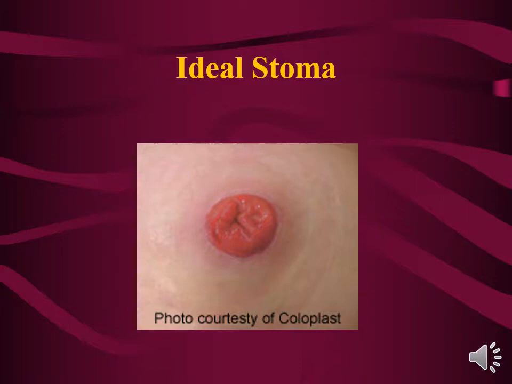But in general, what happens is we get what we get, and then we make it work for the patient so that they can go wherever they want to go, swim, go to water aerobics, run, do whatever they need to do. Lots of patients have stomas, and no one needs to know unless they want them to.